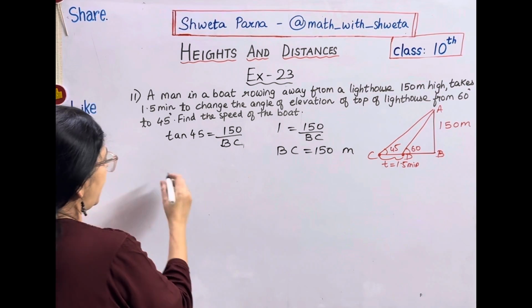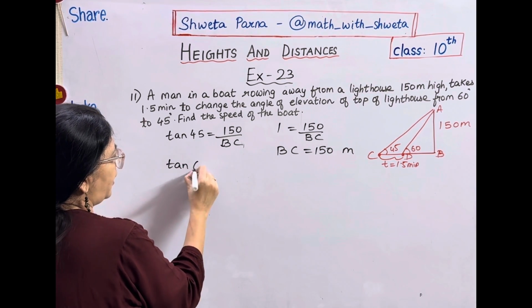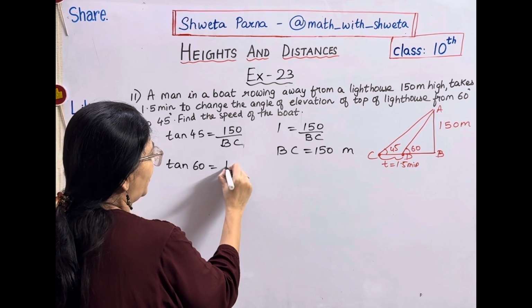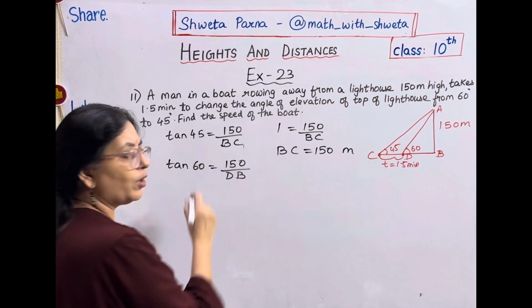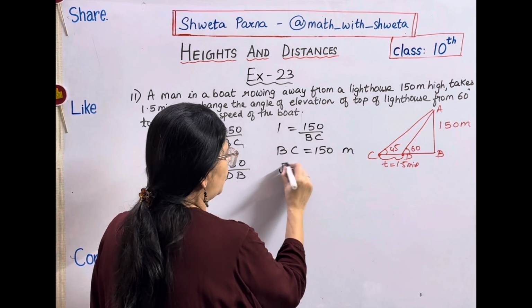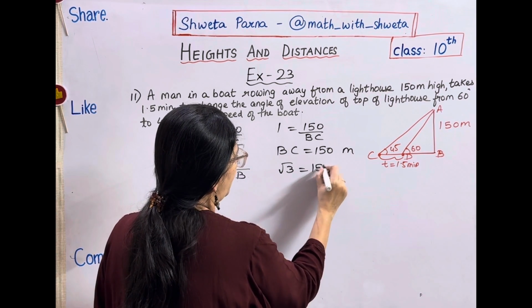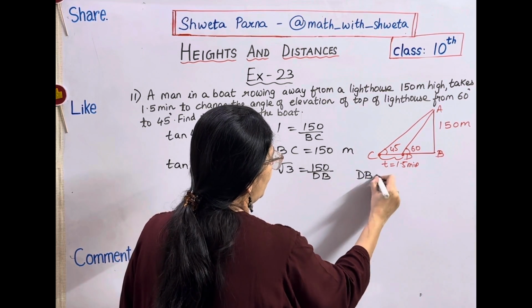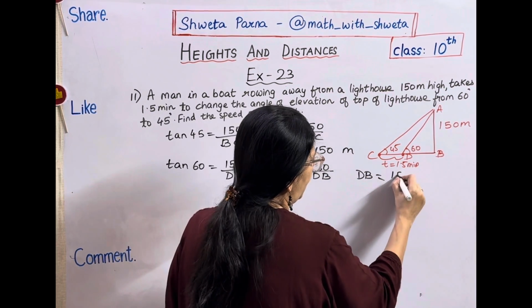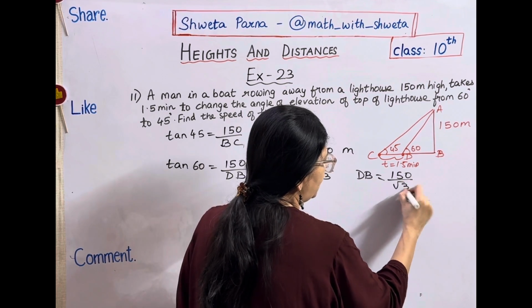Now tan 60 is 150 upon DB. What is the value for tan 60? It is root 3, equal to 150 upon DB. So DB is equal to 150 divided by root 3.